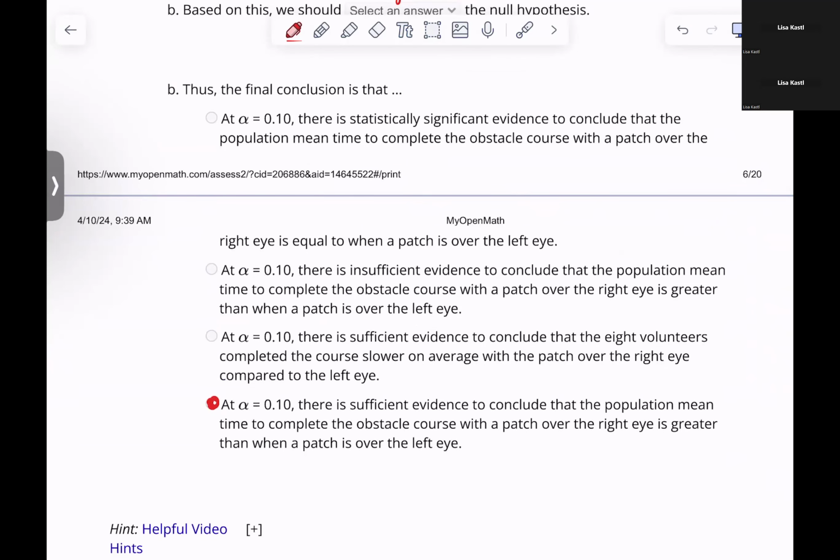So I don't know why that's correct. That doesn't seem like it should be correct to me. It's insufficient evidence to show it's greater, but we did not show equal to. So I don't think any of these are correct.